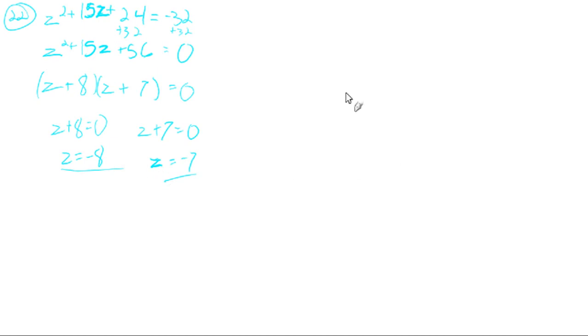So let's see what happens. So we're going to use the quadratic formula. Z equals negative b, so negative 15, plus or minus the square root of b squared, that's 15 squared, minus 4 times a, which is 1 in this case, times c, which is 56, all over 2 times a, which is 1.